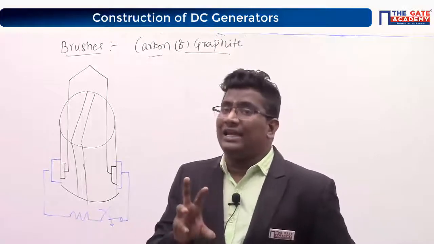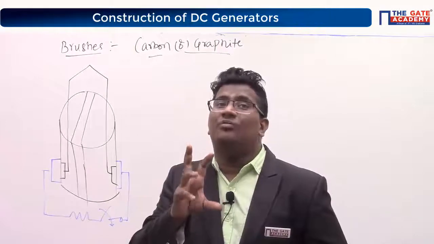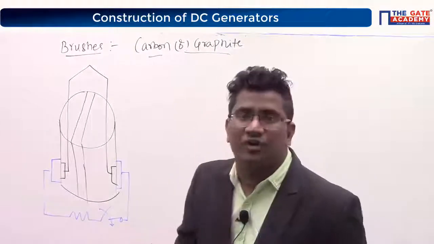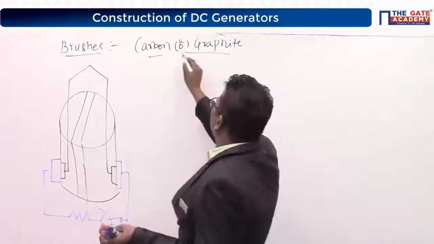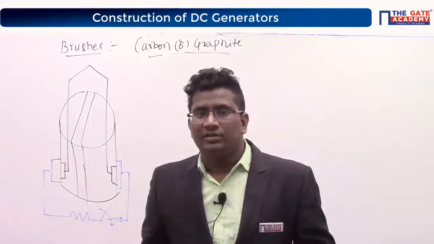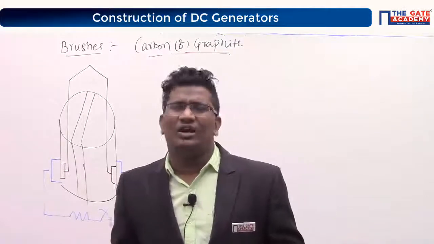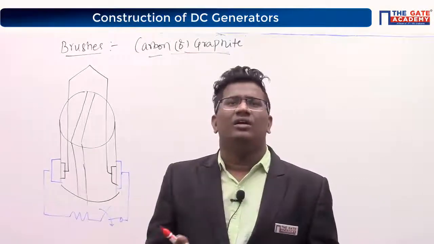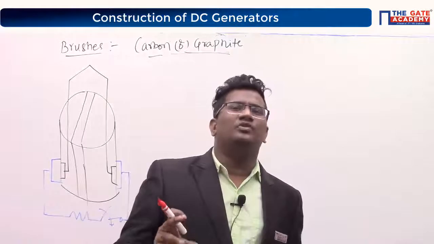Less frictional coefficient, like a soft material, smooth material. That is nothing but carbon or graphite. Okay? It will have a very low frictional coefficient. So will a low frictional coefficient produce more heat or less heat? Tell me.